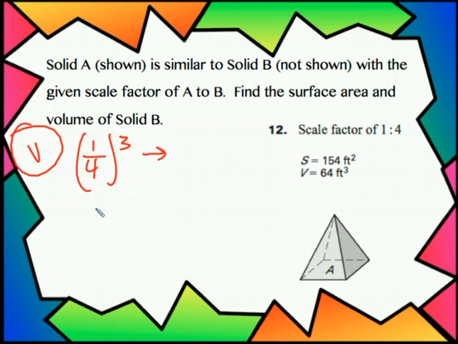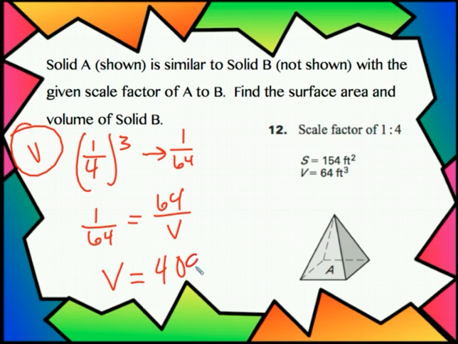Yeah. So you get 1 over 64 equals, sorry, I should probably write that, 64 over, we'll go V. So V equals, and it's going to be 64 times 64, which is 4,096.